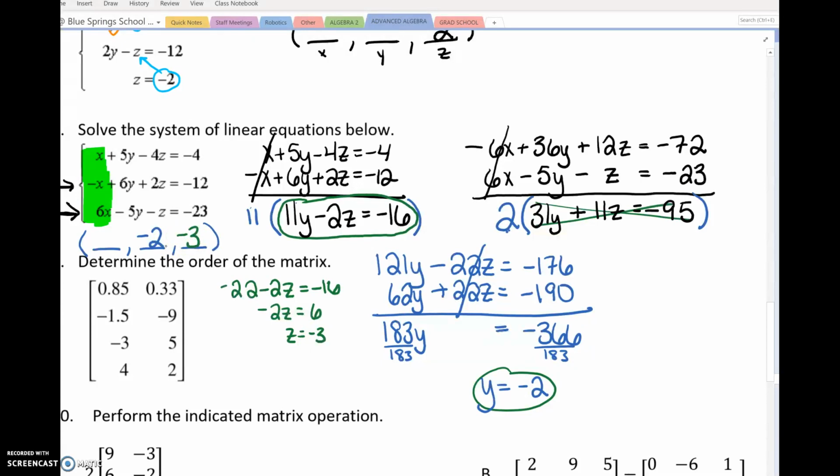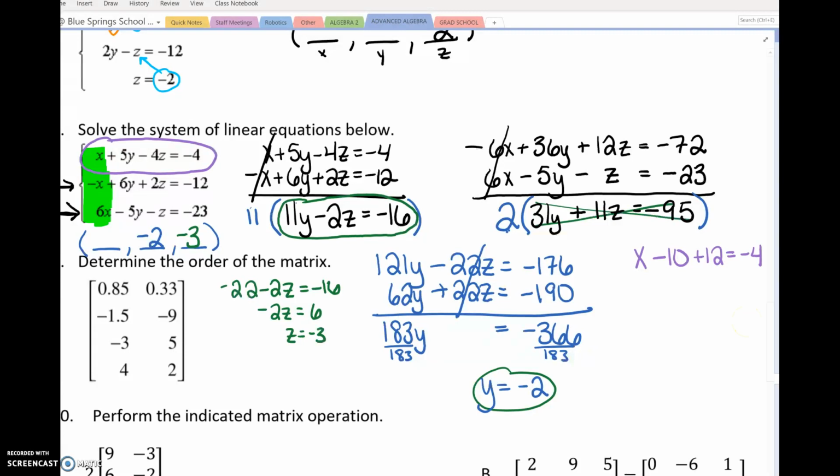Once you know that z is -3, now you need to go back to the original problem. And it's probably easiest to find an equation that has plain x in it. So I'm going to choose the top equation. So x, which we don't know, plus 5 times -2, so that would be a -10, minus 4 times -3, that would be a plus 12, equals -4.